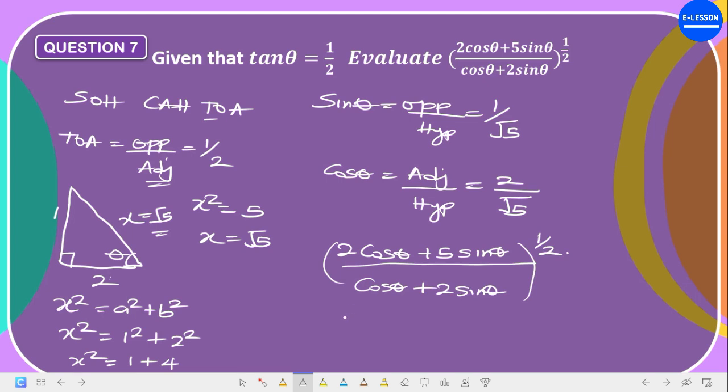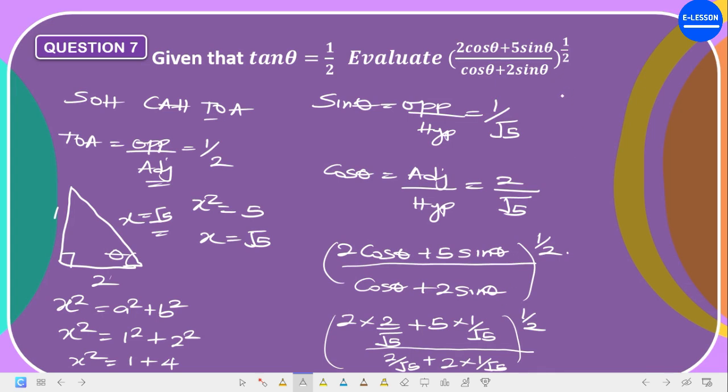Then substituting into this equation, you are going to have 2 cos theta, where cos theta is 2 all over root 5, plus 5 sine theta, where sine theta is 1 all over root 5, all over cos theta, which is still 2 over root 5, plus 2 times sine theta, which is 1 all over root 5. Everything bracket half.